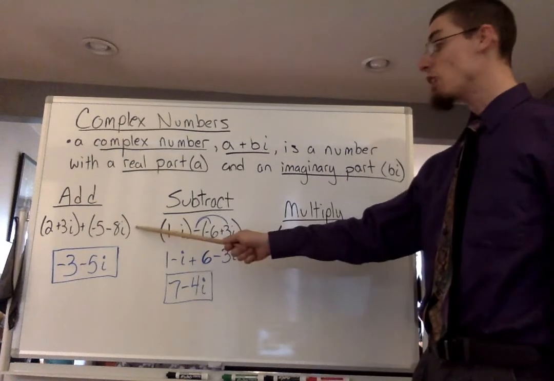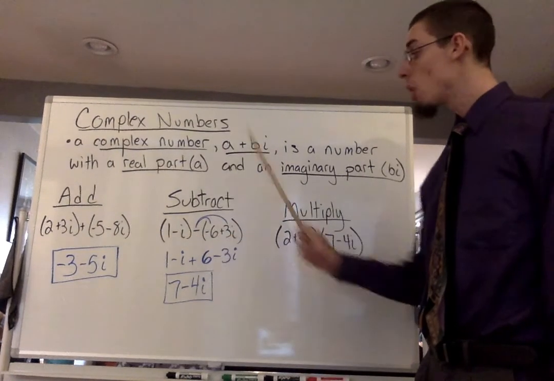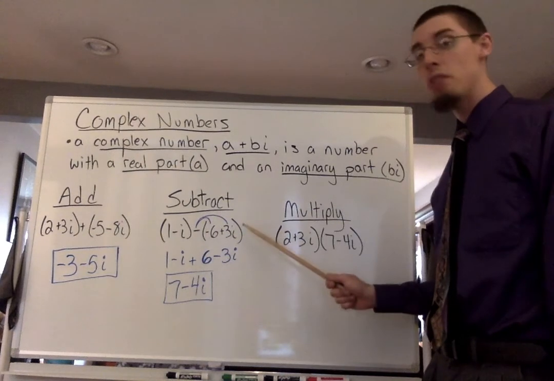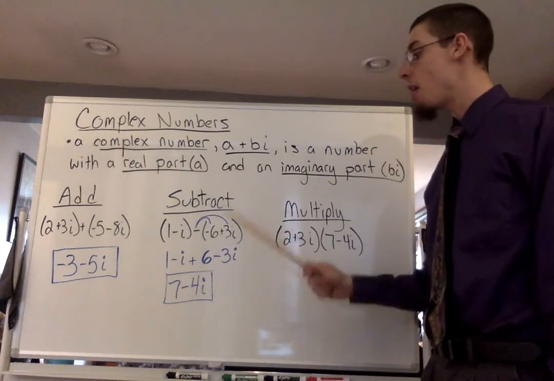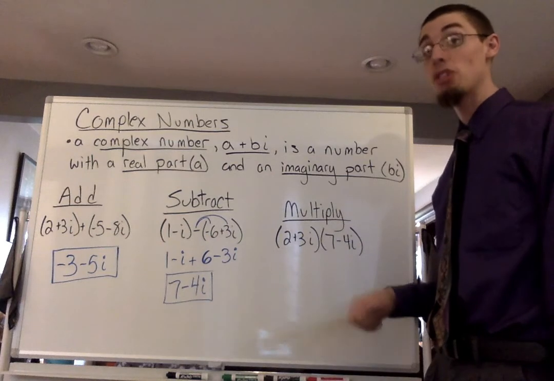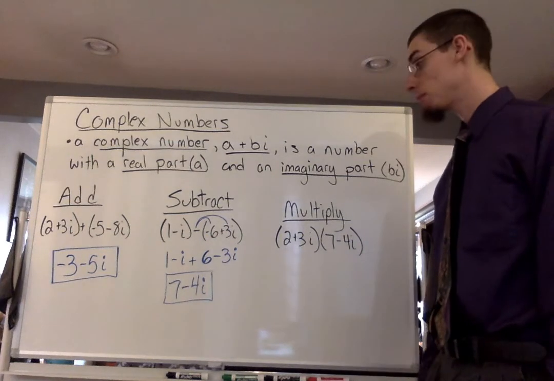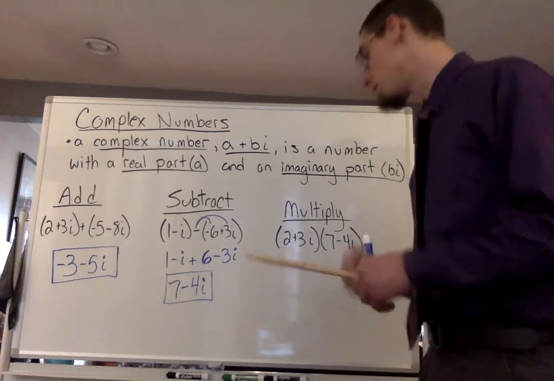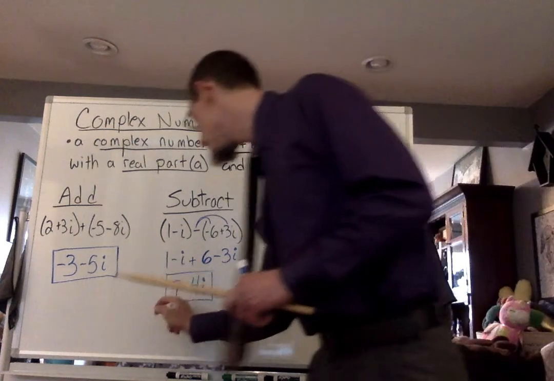So when you're adding, you straight up combine. When you're subtracting, you first distribute the negative, then you combine. Distribute the negative first, then combine. Maybe you even write that down somewhere.